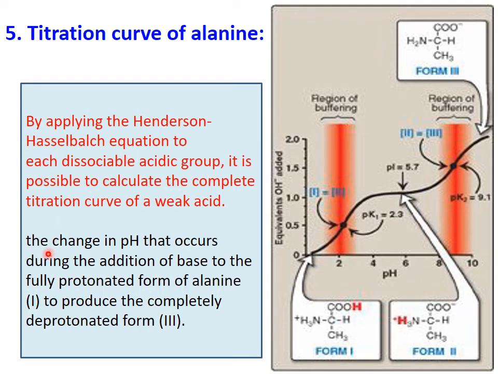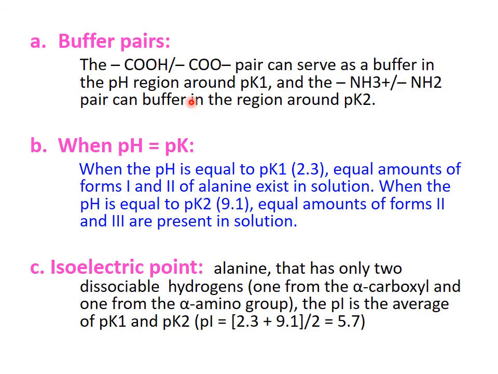So the change in the pH that occurs during the addition of base to the fully protonated form ultimately converts it into form 3, which is the fully deprotonated form. Now in this titration, there are two buffer pairs.